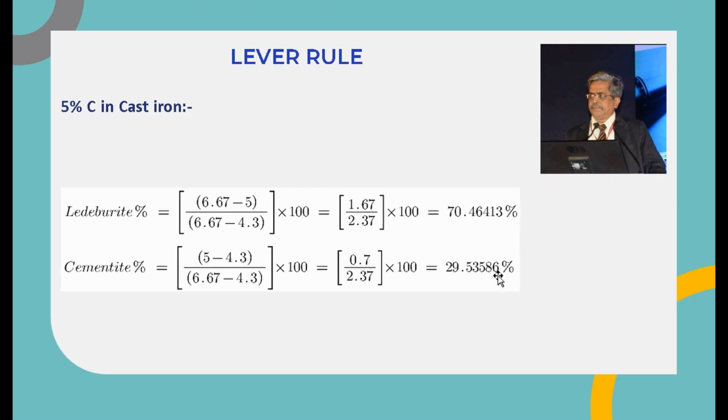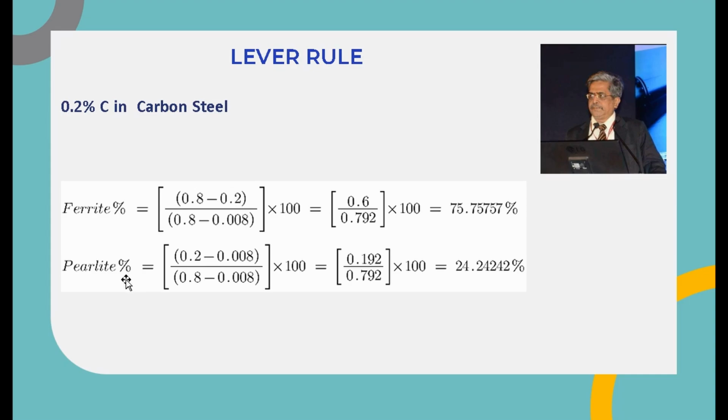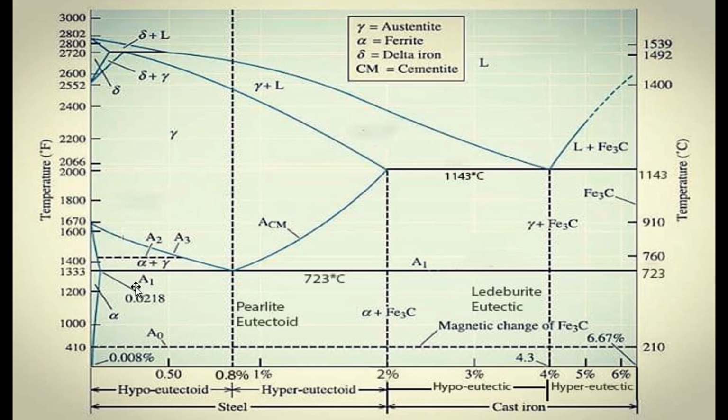Another example, 5% carbon in cast iron. If I intend to know ledeburite and cementite percentage, not ferrite and cementite, I intend to know ledeburite and cementite in 5% carbon in cast iron. Now come here, 5% carbon in cast iron. Now ledeburite and cementite fraction.